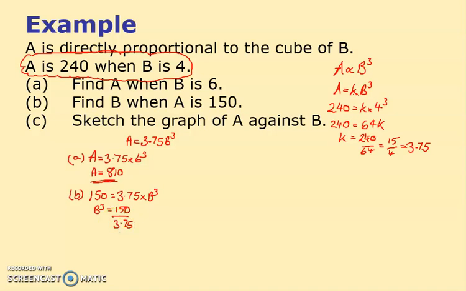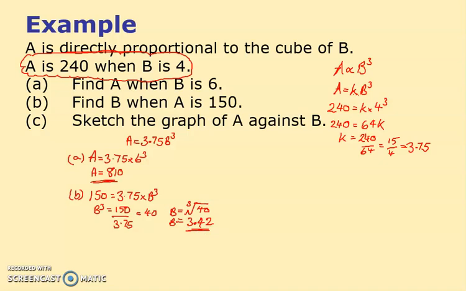Let's do that. 150 divided by 3.75, 40. So B must therefore be the cube root of 40. Don't forget to cube root it then. B equals the cube root of 40, the answer is 3.42, I get.